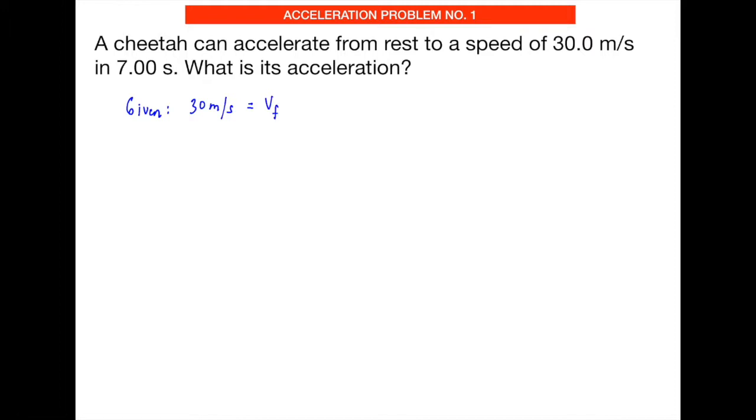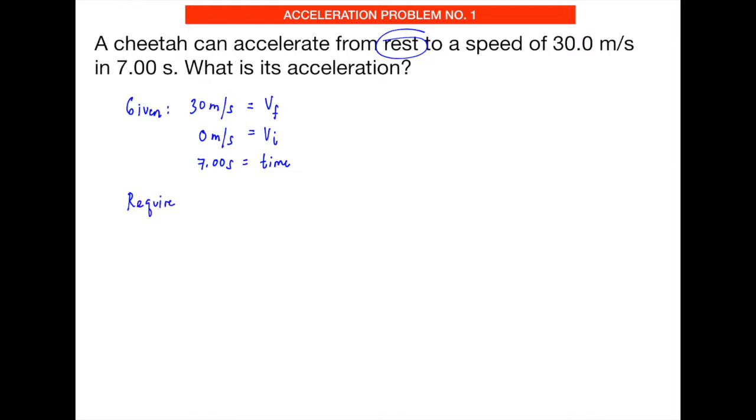Now, take note that in our problem, a cheetah can accelerate from rest. So meaning to say, the initial velocity is 0 meter per second. And we have another variable here. We have 7.00 seconds, and that is the time. Now, what is the required?